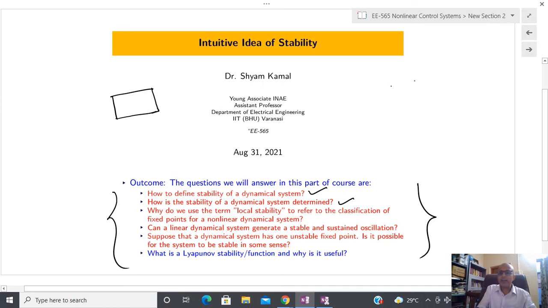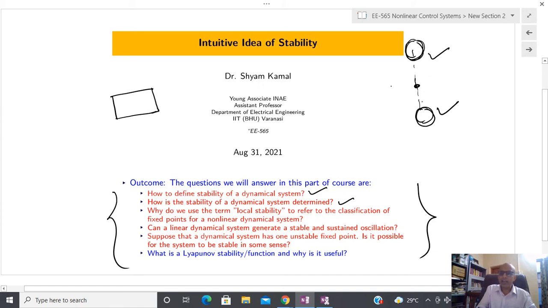If you remember the previous class, you might have seen that in case of the pendulum system, I have infinitely many equilibrium points, and out of that we have characterized the equilibrium points in two sets. One equilibrium point is here, one equilibrium point is here. And what we found is that the behavior of this equilibrium point and this equilibrium point is not the same.